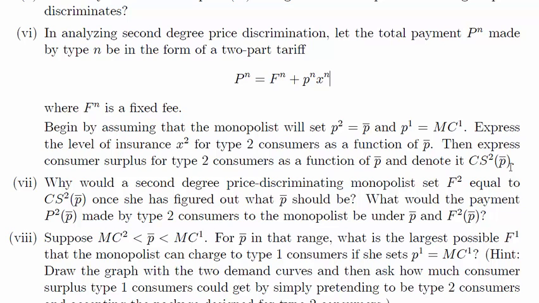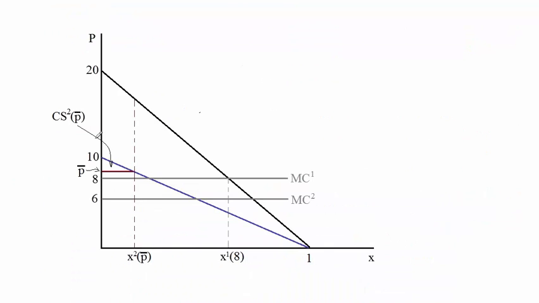Let's take a look at this graph first, at how the monopolist is going to behave. Recall that for type 1 consumers, the black demand function, we assume, but it makes perfect sense here, to set the price equal to the marginal cost of the provision of health insurance to type 1 consumers, which is 8.